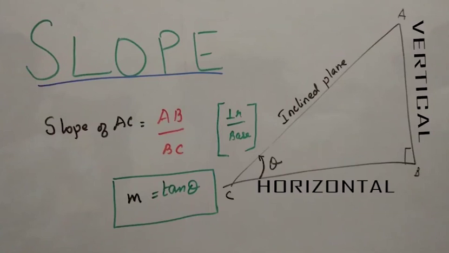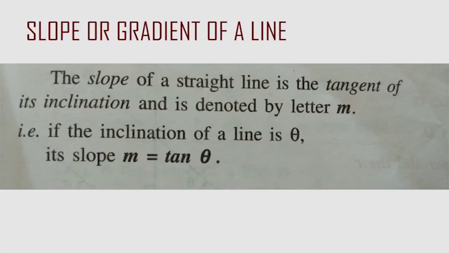The slope is denoted by letter m. Slope is equal to tan theta. In trigonometry, perpendicular upon base is equal to tan theta. So, slope is expressed as tan theta.